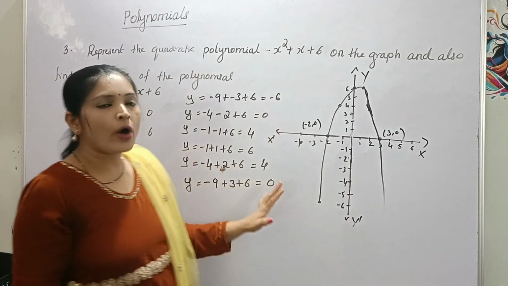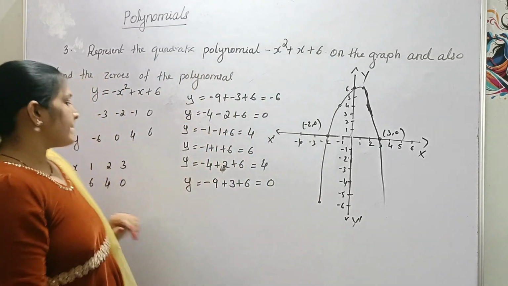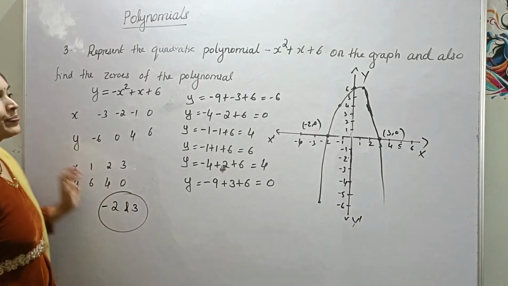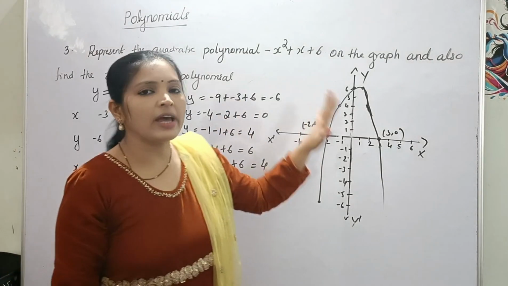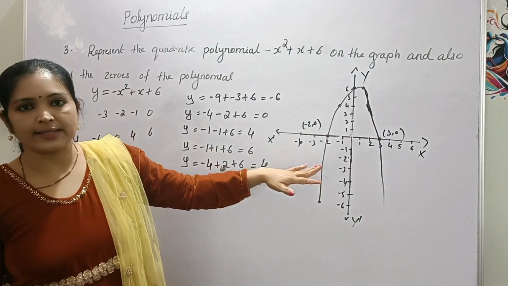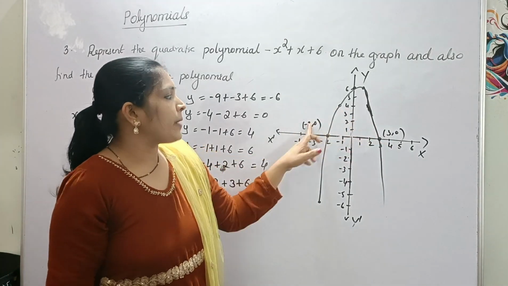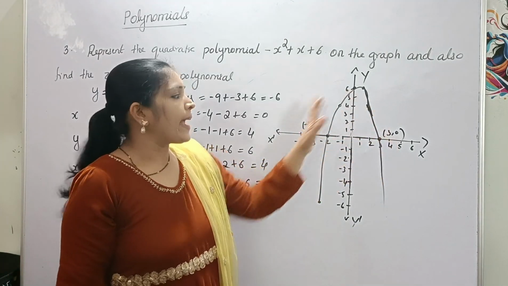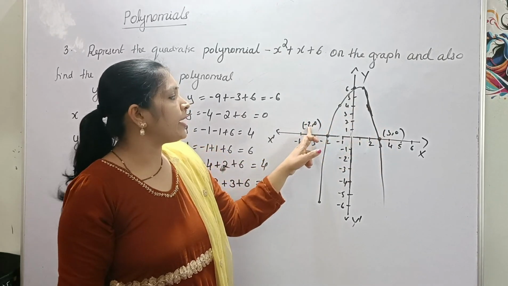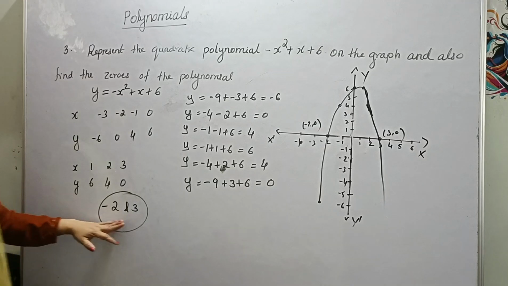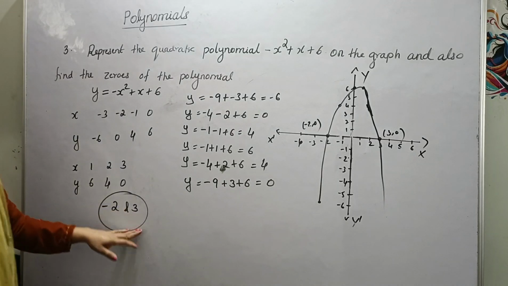So here zeros of this polynomial are minus 2 and 3. Okay. X coordinates of the points where the graph intersects x-axis are minus 2 and 3. Therefore, zeros of this given polynomial are minus 2 and 3.